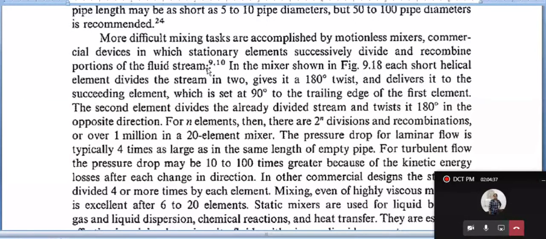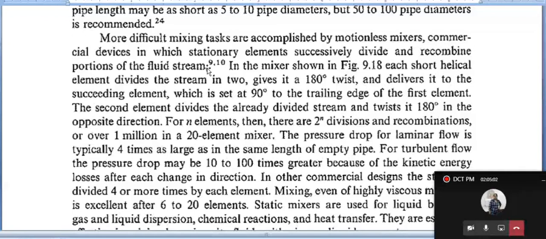So the divisions increase as the number of elements increases. Very good. In the mixer shown in the figure, each short helical element divides the stream into two and gives it a 180-degree twist and delivers it to the succeeding element, which is set at 90 degrees to the trailing element.